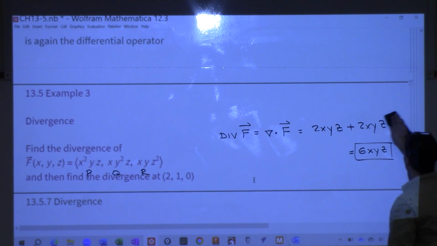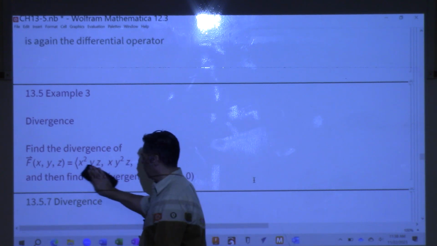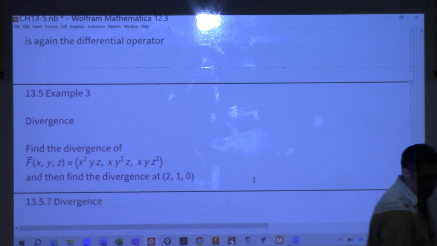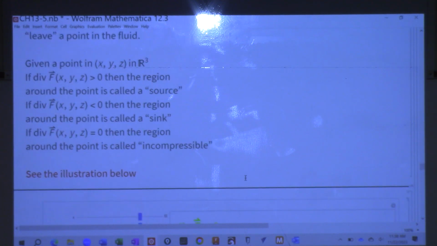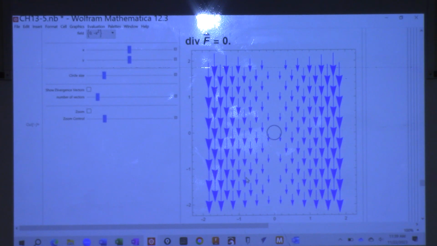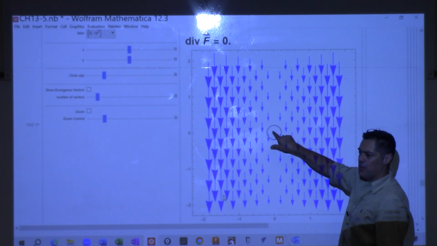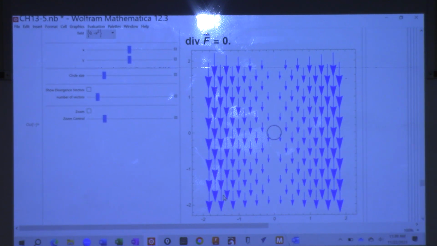So for divergence, there's a couple of ways to look at it. I like this way to start. I'm going to start with this picture first. You know how earlier I had a two-dimensional vector field? I had a point in here and I had this thing with paddle wheels on it. What I want you to do is imagine that you have your point right there.